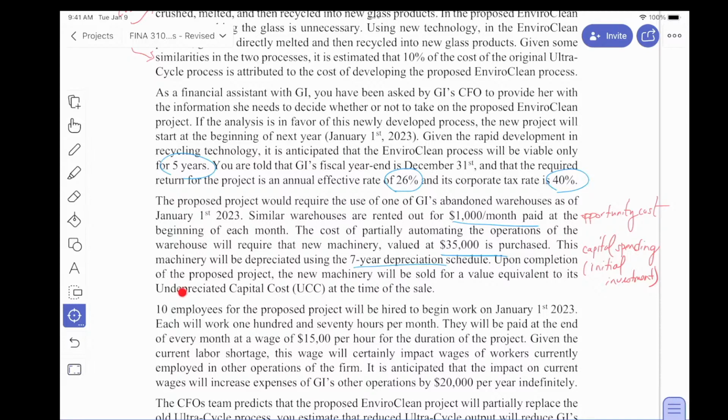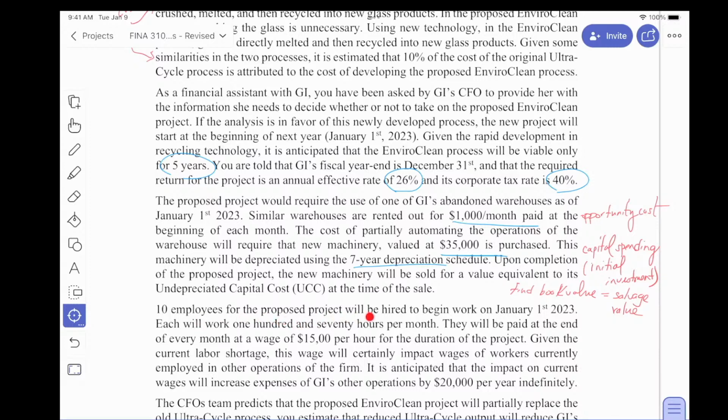Upon completion of the proposed project, the new machinery will be sold for a value equivalent to its UCC. So this is exactly like we did in class. You'll need to find that UCC. You have to basically do that chart to find the book value, and that will be the salvage value.